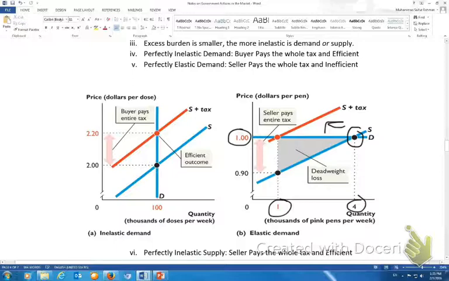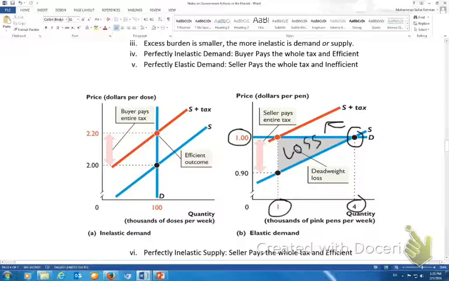So the point here is that if you compare the loss in consumer surplus, there is actually no loss in consumer surplus because our consumer is paying the same price, and the main loss in this case is the loss of the producer surplus.